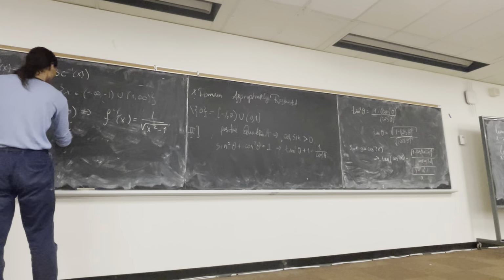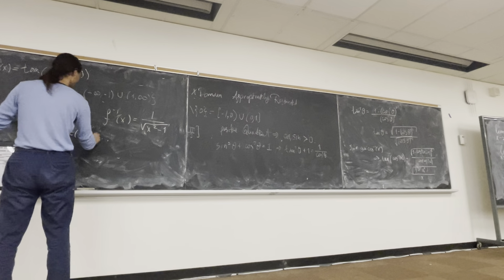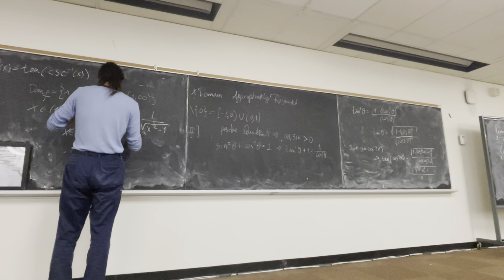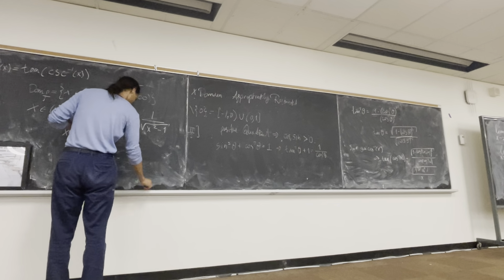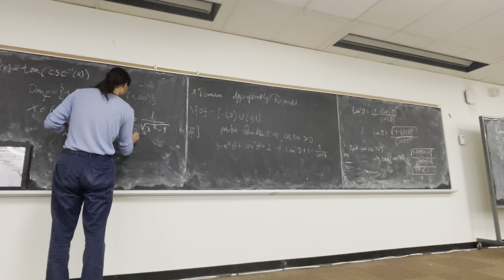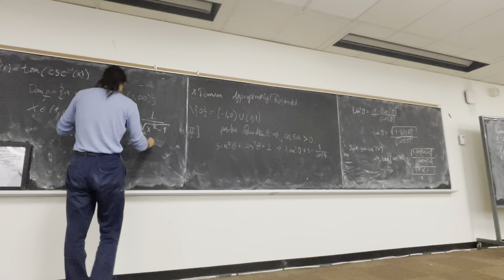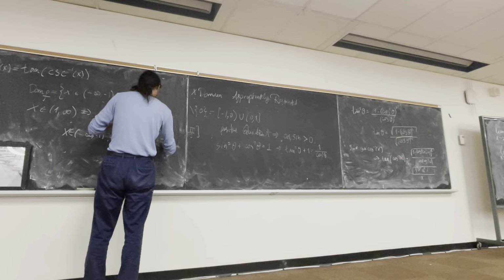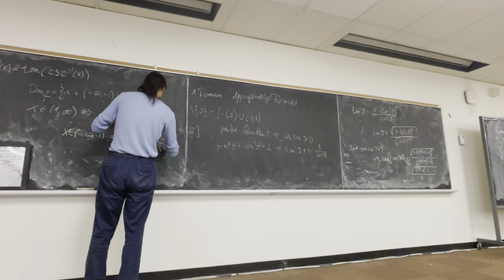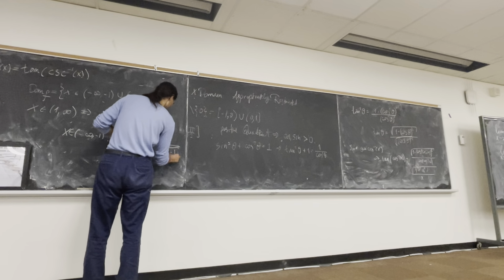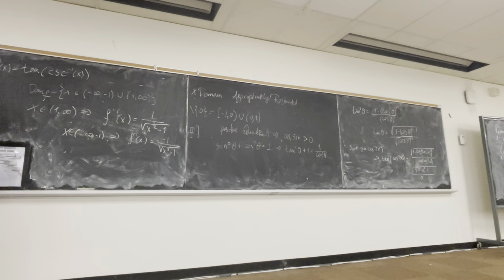And if x is in minus infinity to minus 1, then f inverse of x is equal to minus 1 over the square root of x squared minus 1. That's the claim.